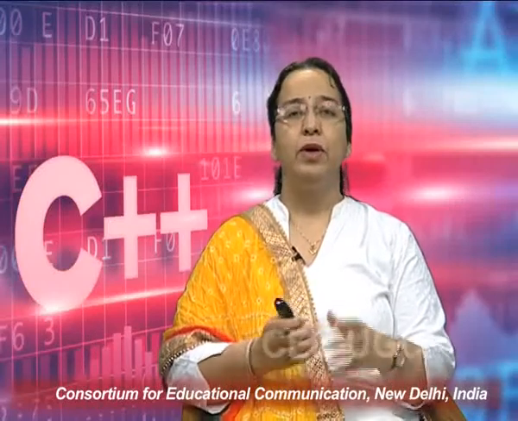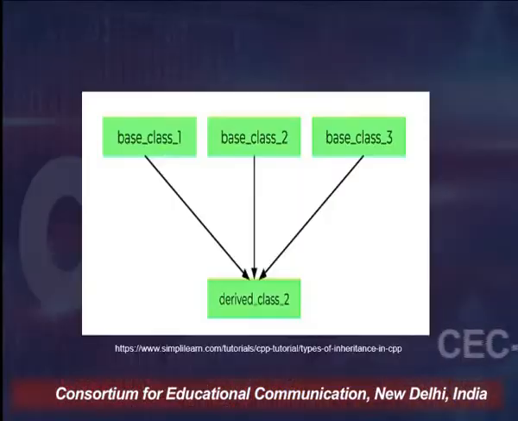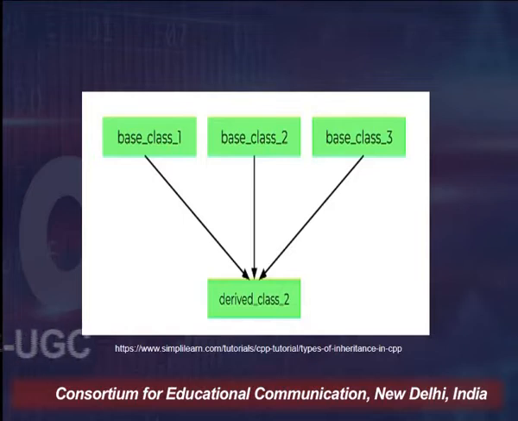Looking at the figure, here we have 3 classes, let us say base class 1, base class 2 and base class 3. All these base classes are derived by the derived class. So here you can see there is one derived class, but the number of base classes is more. We have base class 1, base class 2 and base class 3. So multiple base classes or multiple parent classes, hence the name multiple inheritance.